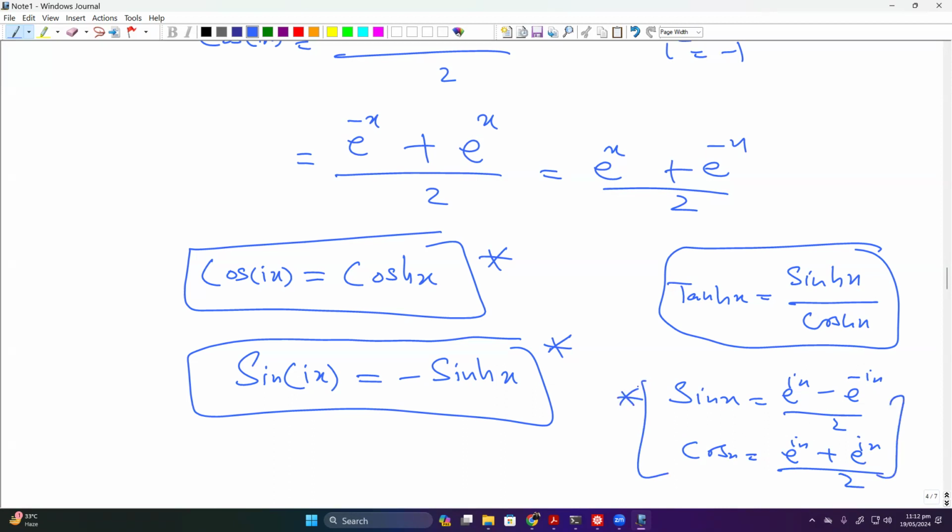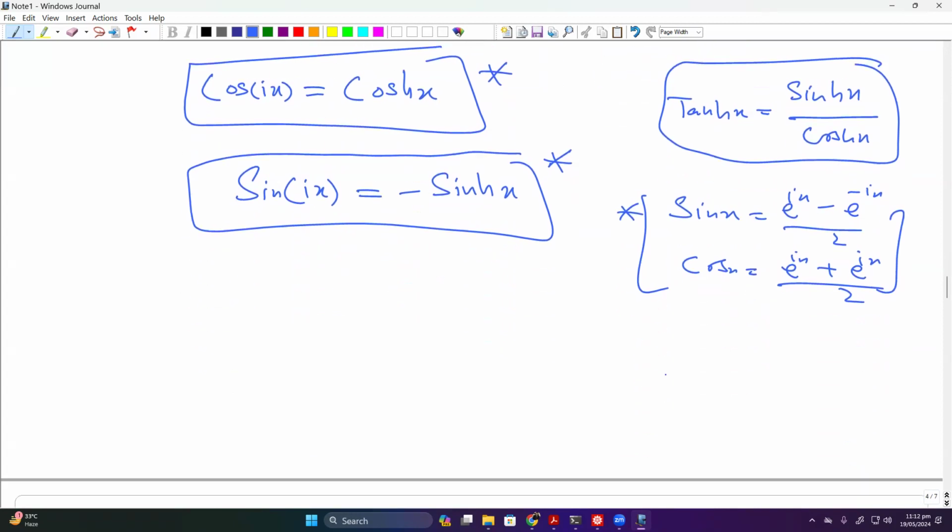So we can play with all these equations, and we can derive a lot of trigonometric as well as hyperbolic identities. For example, if I recall correctly, in hyperbolic functions we have something like sinh²x minus cosh²x equals 1. And this can be proved by using these expressions.